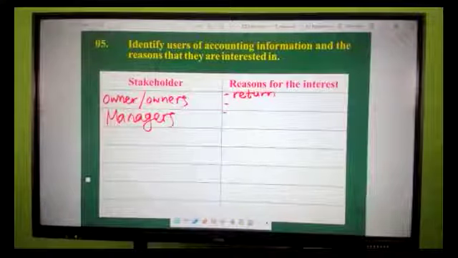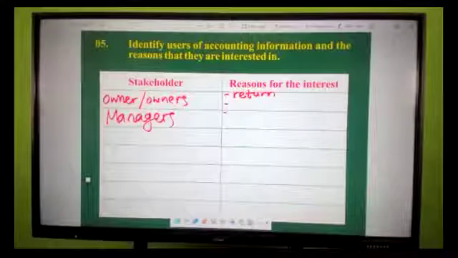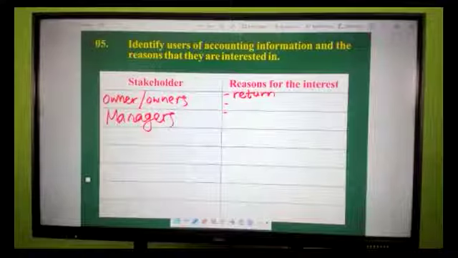Number 1, to know whether plans are implemented accordingly. Number 2, to know the required actions for future development.